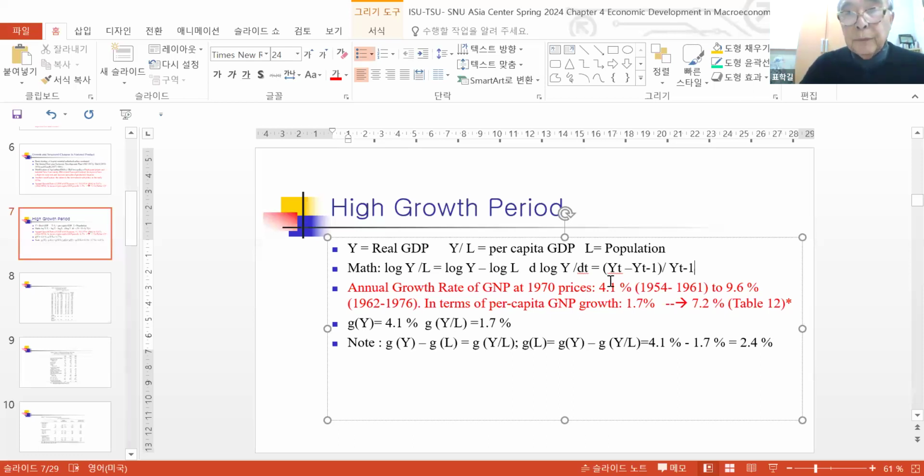In other words, if you take the logarithm function with respect to time, the derivative, you get automatically that variable's growth rate. That's the property of the logarithm equation. So I'm using all these.